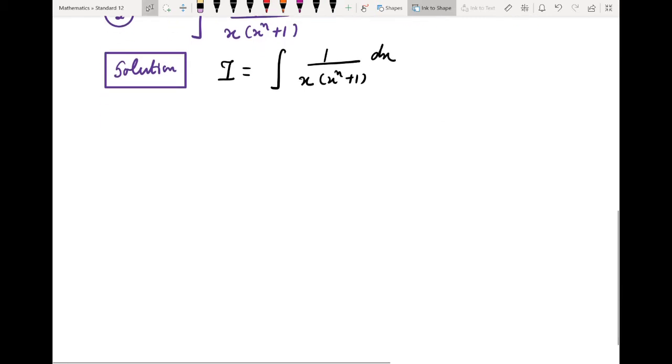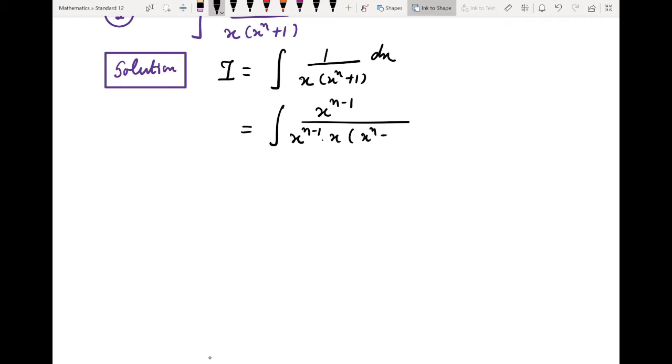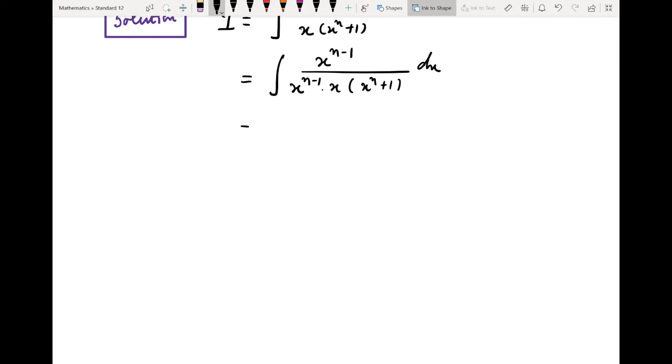In such a case, multiply and divide by x raised to n minus 1, so this is x raised to n minus 1 upon x raised to n into x raised to n plus 1 dx.